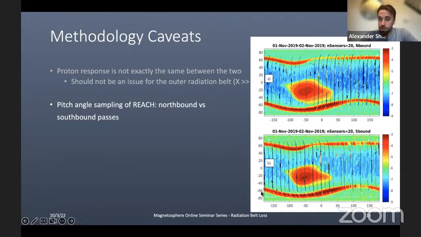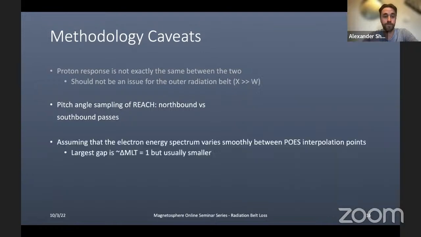You can see certain regions, especially around longitude 0, latitude 60, in the radiation belt, where the southbound has a much higher and much wider radiation belt region. That correction needs to be done because we are concerned about spatial variability, and this will artificially induce some spatial variability in the REACH maps.